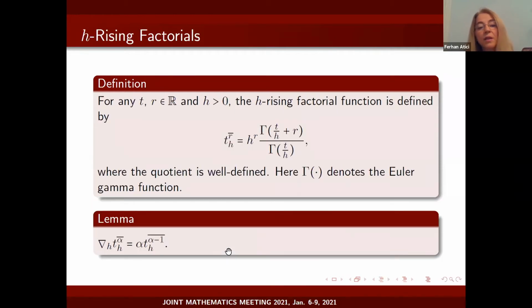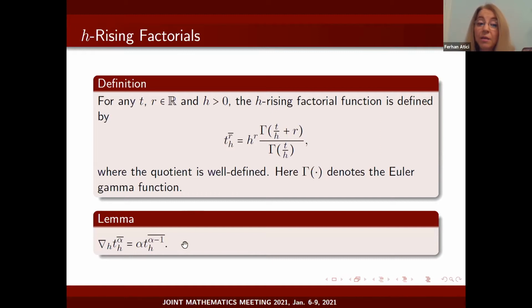And then next, I like to continue with the H rising factorial power. It is defined as this quotient of Euler gamma functions. And as long as this quotient is well defined, then we have the rising factorial function well defined. And why do we need to use this?